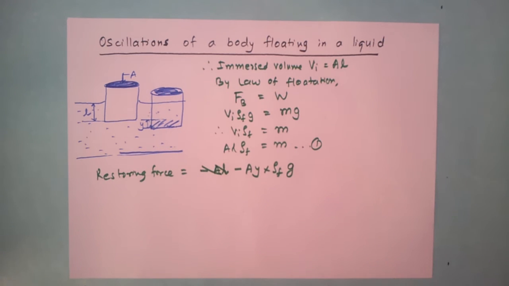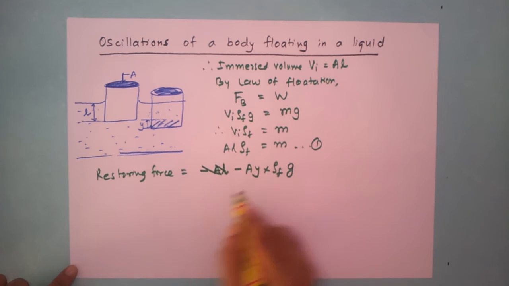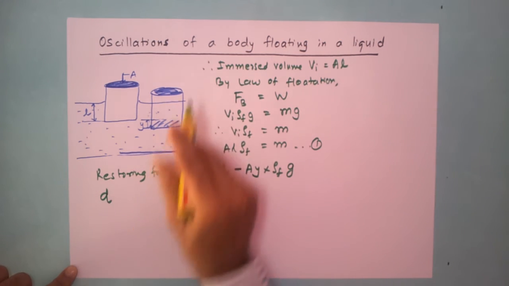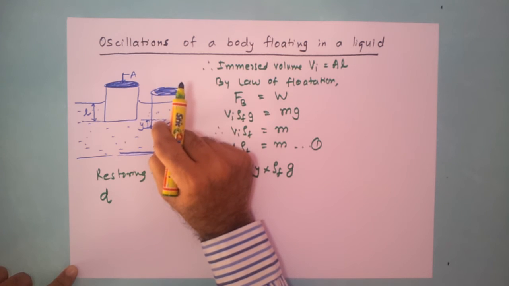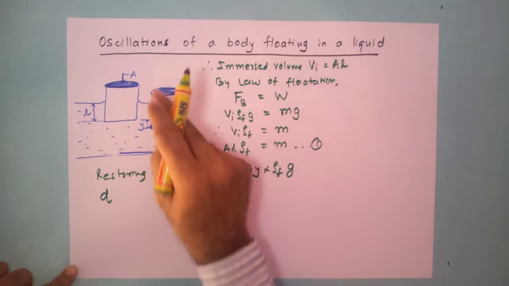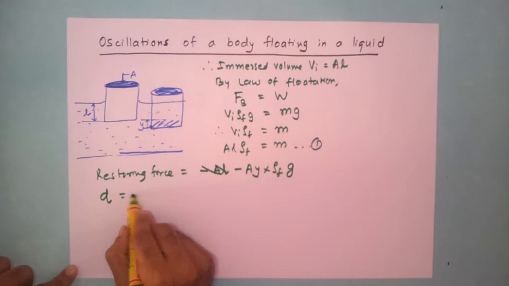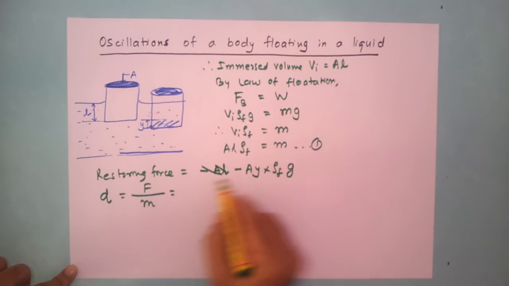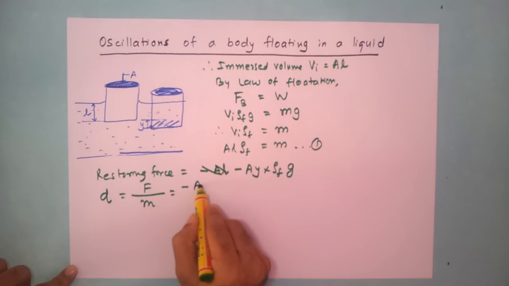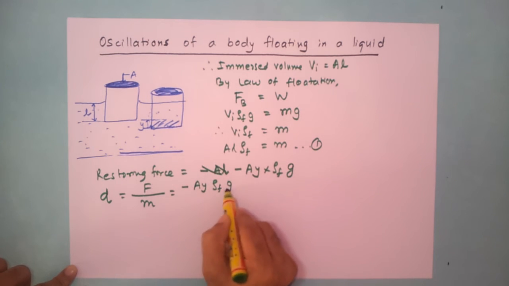And it starts the oscillation. If this is the restoring force, what is the acceleration of this object? I have applied a force, it has got immersed more, and it is now starting to go up. When it starts to go up, or at any point in time, what is the acceleration? Acceleration will be the force upon the mass of the object. The force is the restoring force, so it will be minus A y rho F into g.